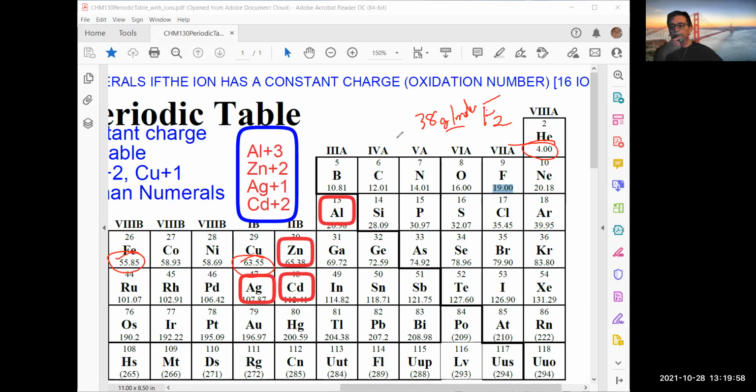What do you guys think? 2 grams of helium. It's right here. I circled it. If I weigh out 2 grams of helium, how many moles do I have? Well, how many grams would 1 mole of helium weigh?